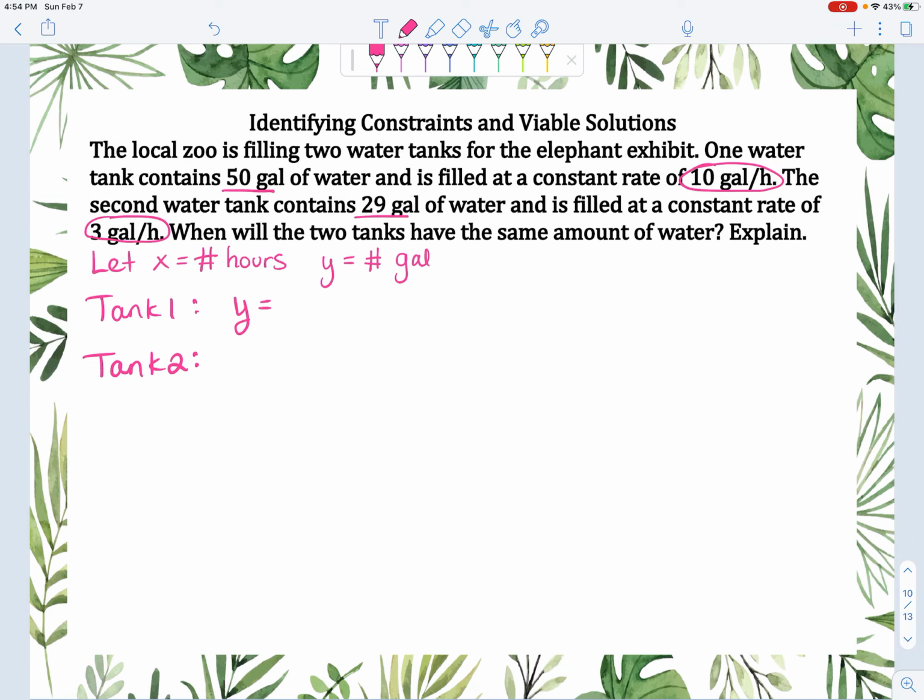So this is a positive slope. So 10x plus 50. And then for tank 2, it already has 29 gallons of water and it's filled at a constant rate of 3 gallons per hour. So again, that's being filled, that's additional water, so that's a positive slope.